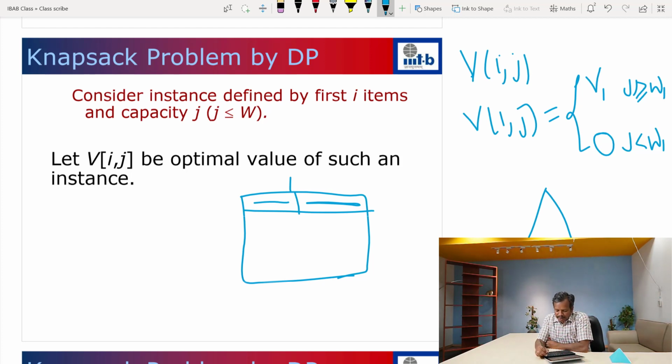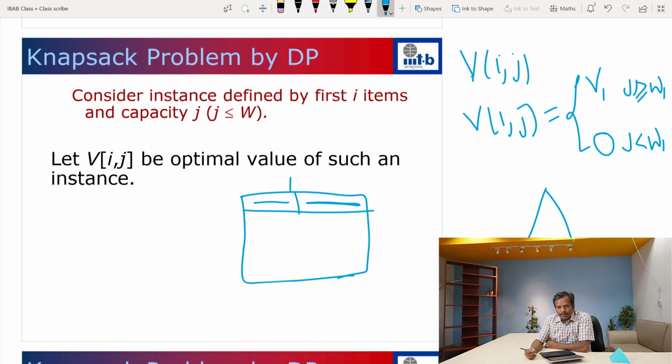So, if I am allowed to pick the ith item, I get a profit of V of i, and I have to fill the remaining size of the knapsack, which is j minus Wi, but I have to pick the rest of the items from the i minus 1 items. Notice that you are allowed to pick an item only at most once, either you pick it or you do not pick it. If you pick the item, you can't pick it again in the future iterations. That is why we write i minus 1 here. This is allowed only if the size of the knapsack that I have is greater than the size of the ith item. This option is available to me only if j is greater than or equal to Wi.